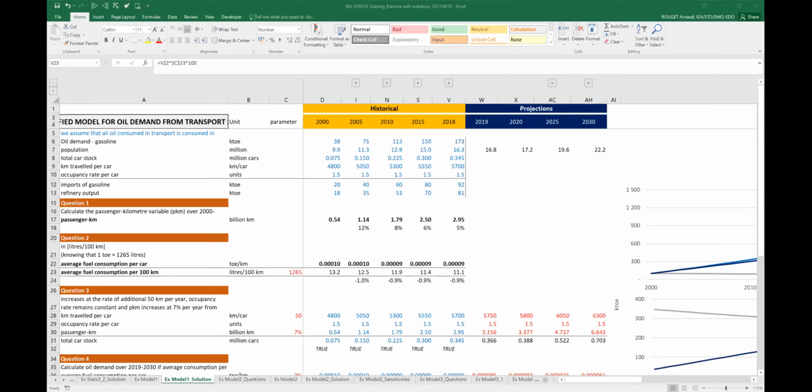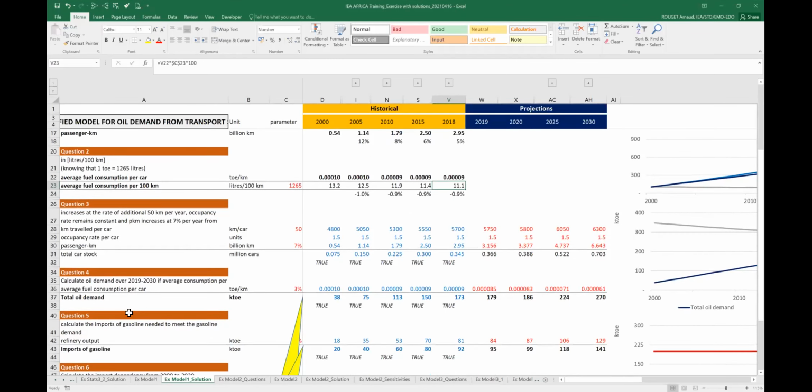A question on how to calculate the import dependency. Again, in our very simplified way, we're just looking at gasoline, so oil products, and saying the country needs 270 kilotons of oil equivalent of gasoline in 2030.